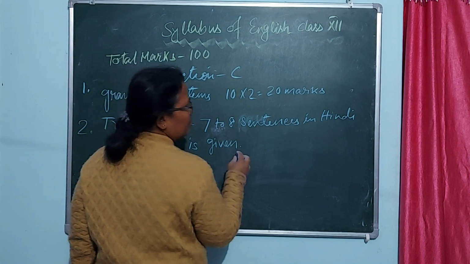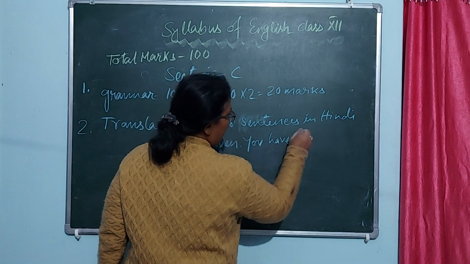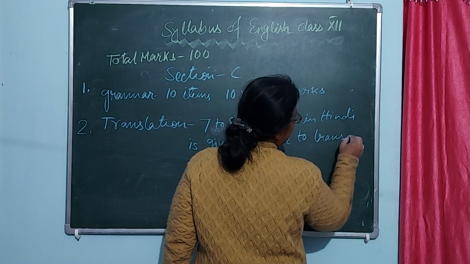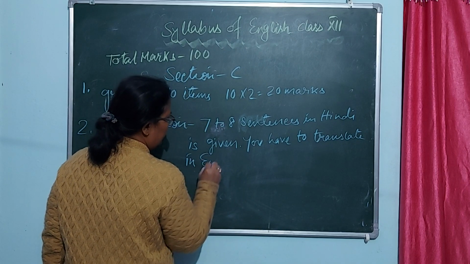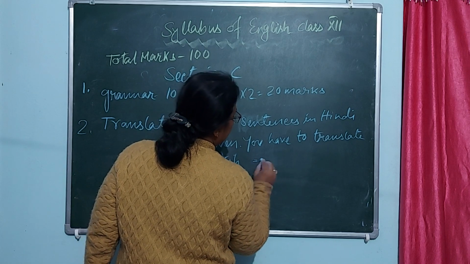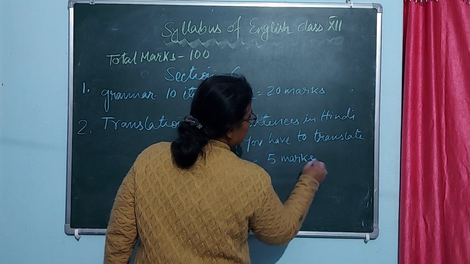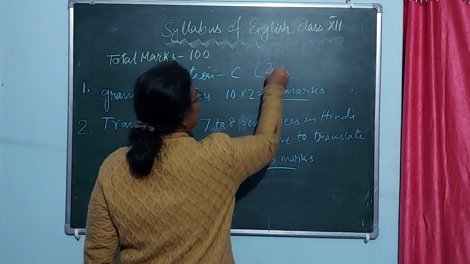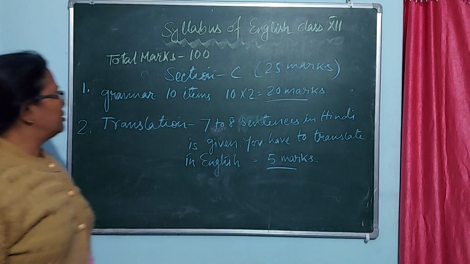So Hindi to English, we have to translate in English, and the marks carried here are 5 marks. 5 plus 20, so a total of 25 marks in your grammar.